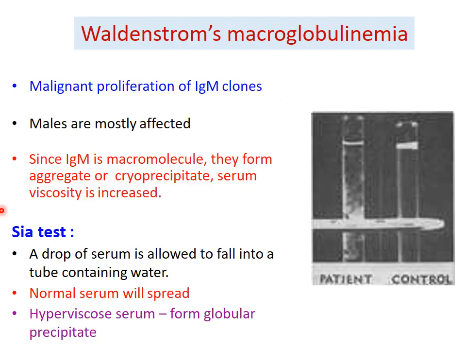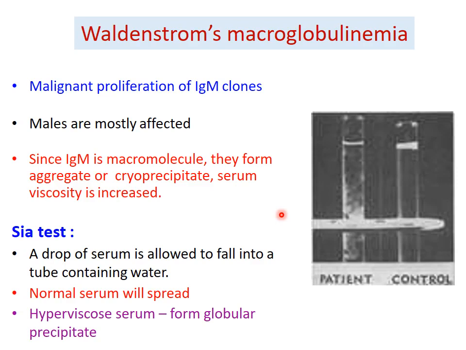And here males are most commonly affected, rather than females. Since we all know that IgM is very heavy, a pentameric molecule, in this case aggregates of precipitation form, and this increases the viscosity of the serum. So highly viscous serum forms.